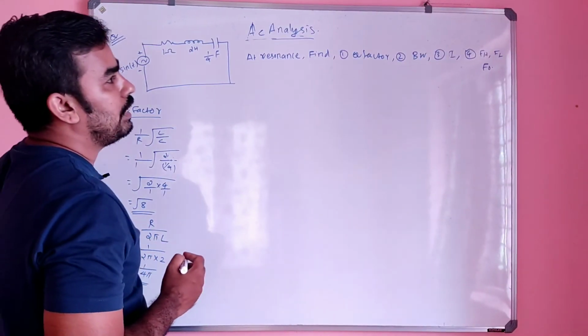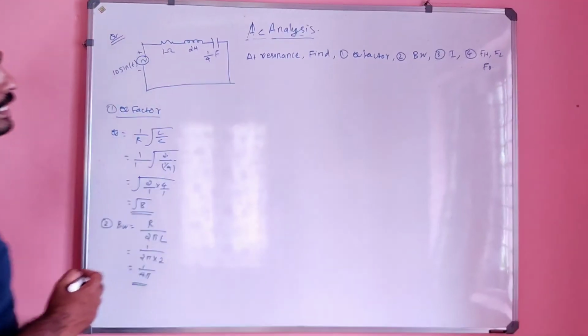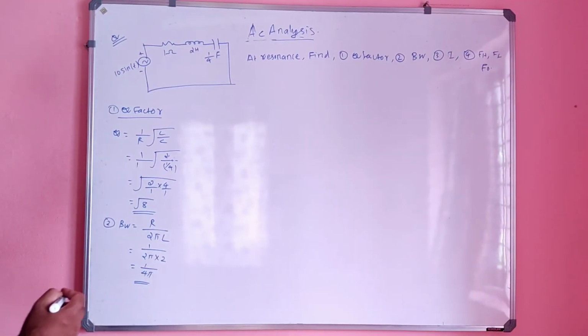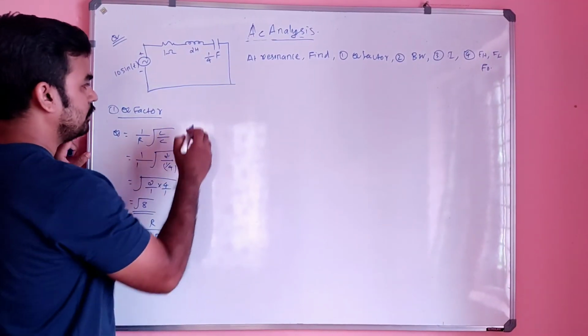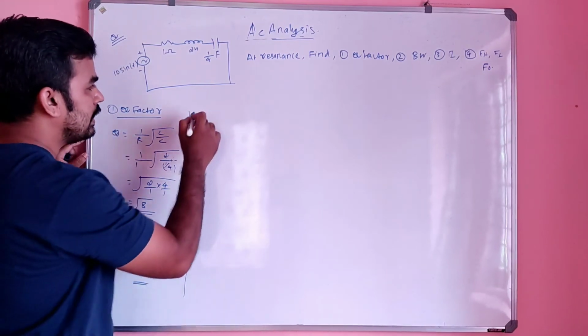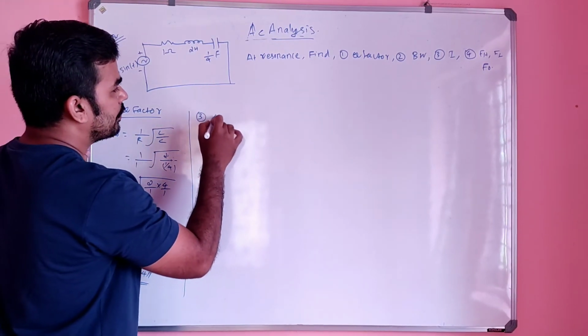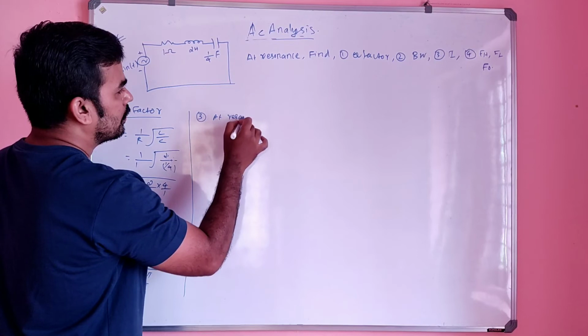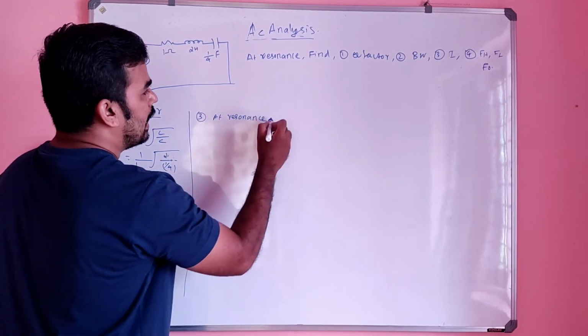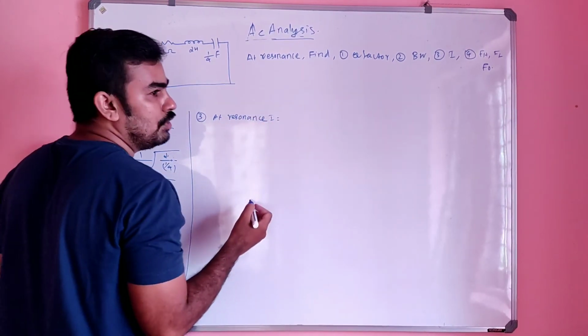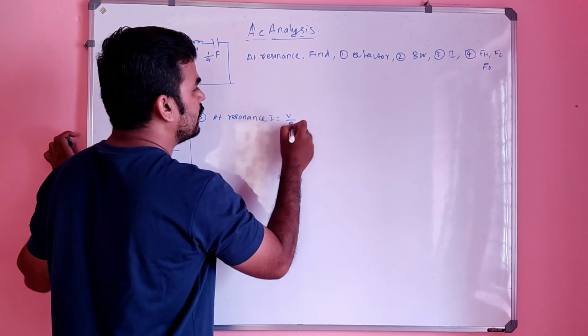And what is the next question we have to find? 3, I. So at resonance, I will be equal to simply V by R, right?